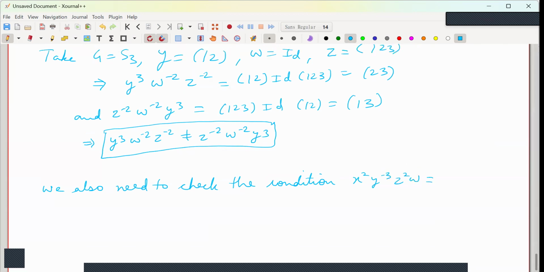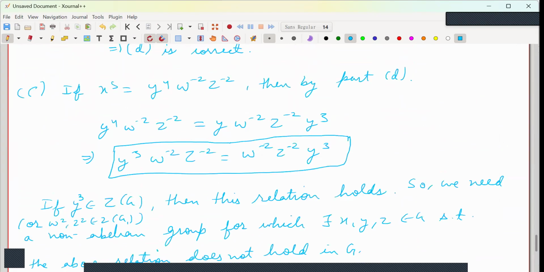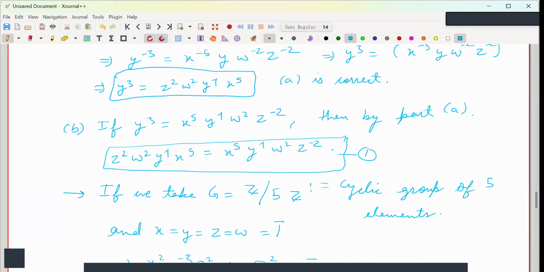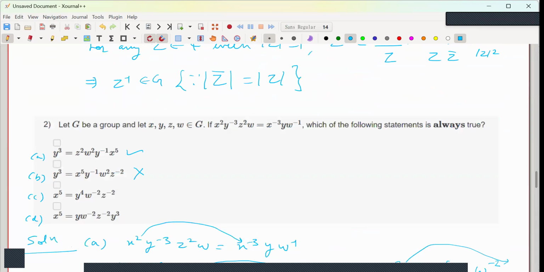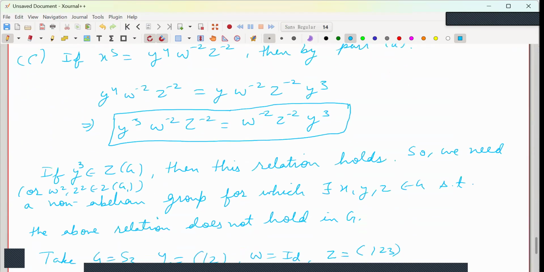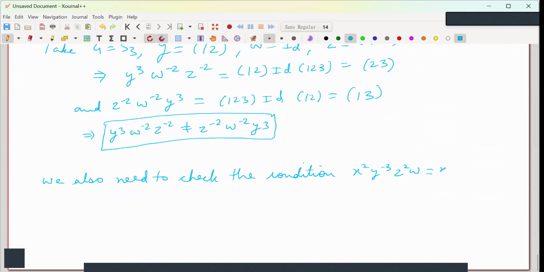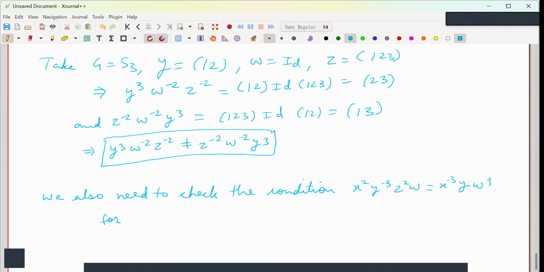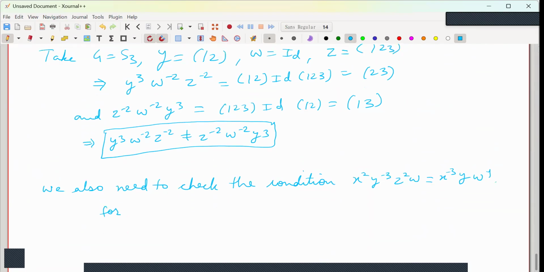What is in the RHS part? x minus cube y w inverse. So for this, we take y to be (1 2), w to be identity, and z to be (1 2 3).